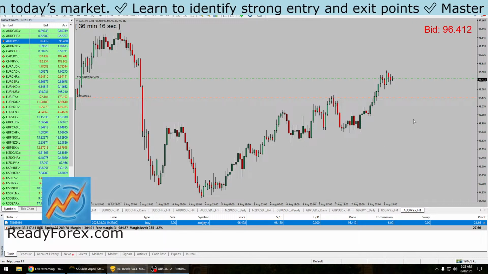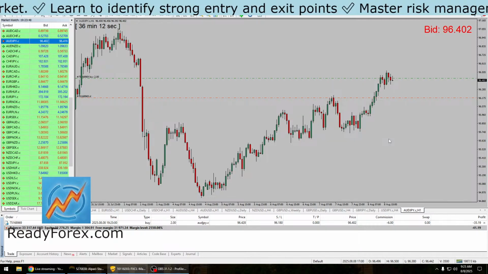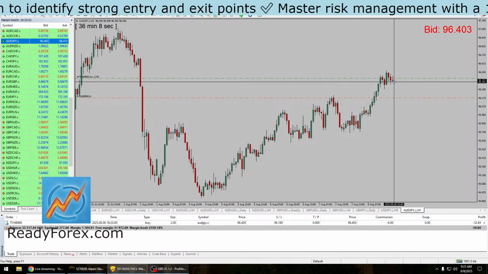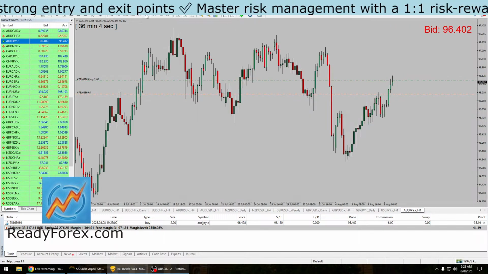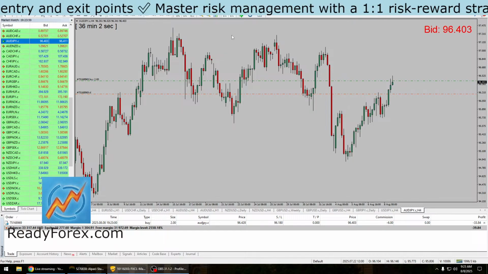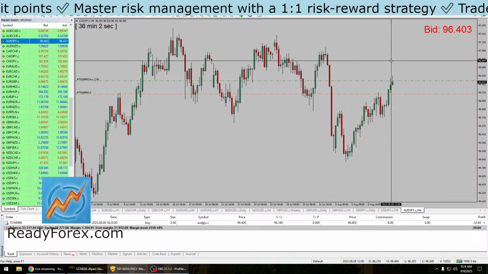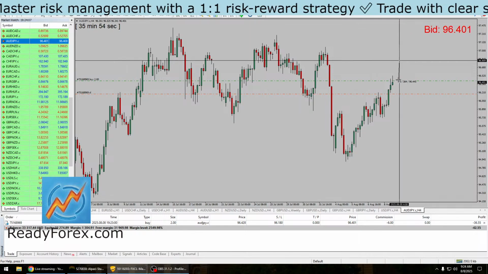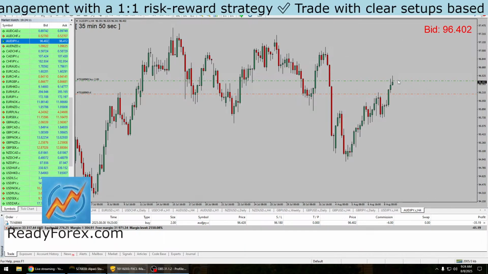So there we go. So I've just placed a buy entry in AUDJPY currency pair. I'm expecting it to go up more. It could easily reach the 1-to-1 risk to reward ratio over here.